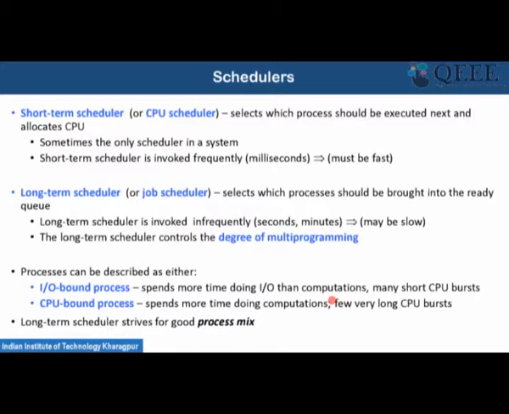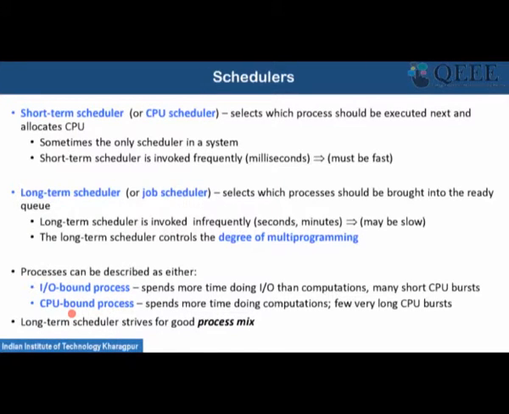So, it has many short CPU bursts. It is something like the process executes very little amount of operations inside the CPU and takes lots of time to get input from the users or show the output. For that type of process we call it an IO bound process.